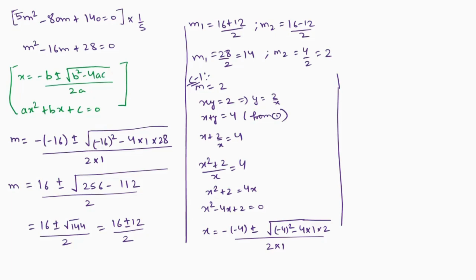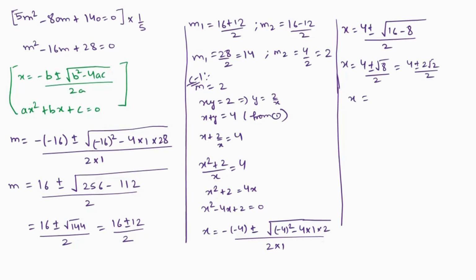We get x equals to 4 plus minus under root 16 minus 8 over 2. On solving this, we get x equals to 4 plus minus under root 8 over 2. On further solving, we get 4 plus minus 2 root 2 over 2. Taking 2 common from the numerator, we get 2 plus minus root 2 over 2.